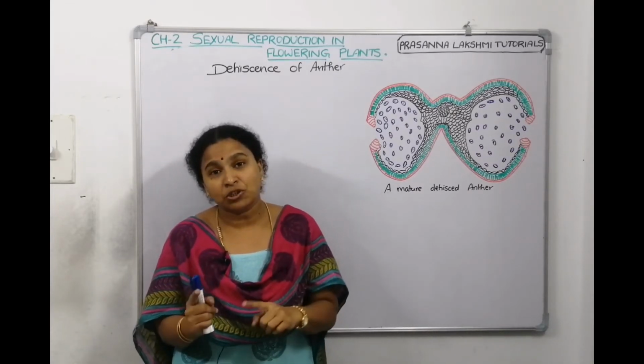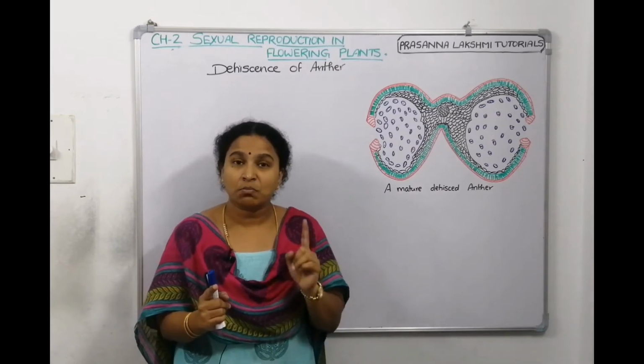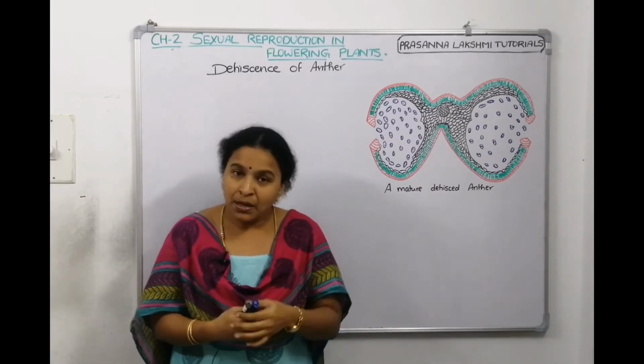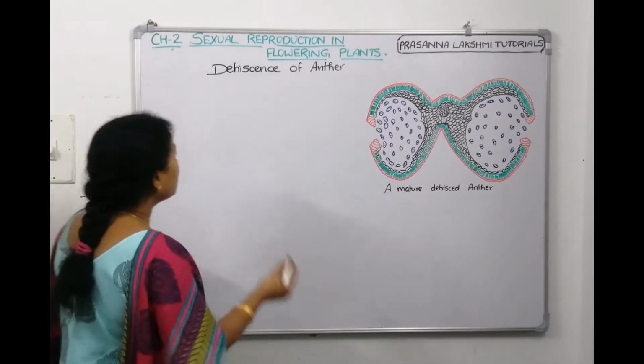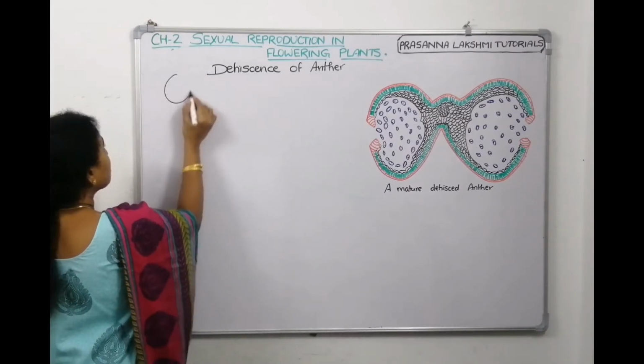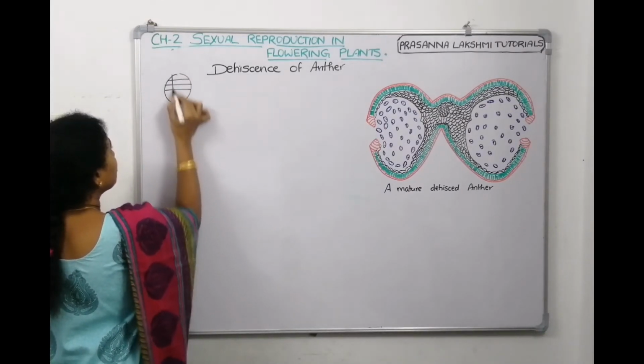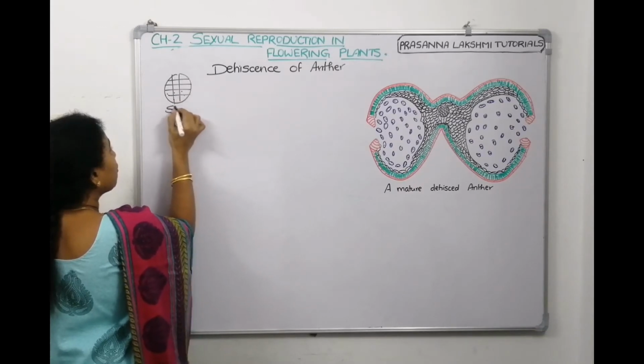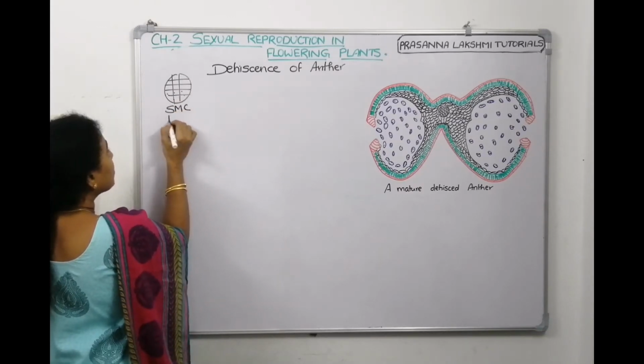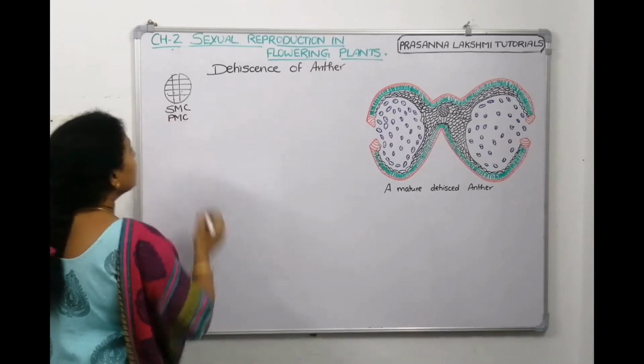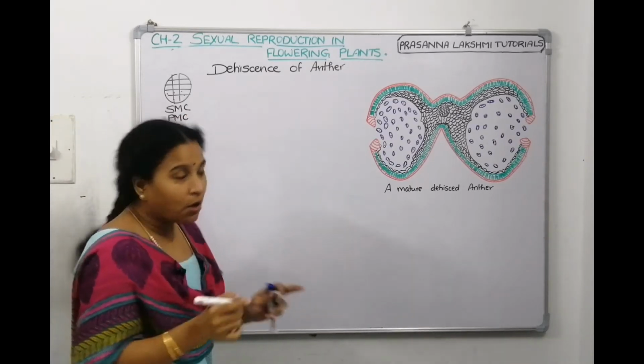When the anther matures, in the last lecture we discussed microsporogenesis. In microsporogenesis, we said that the sporogenous tissue inside a microsporangium has cells that are spore mother cells, or you can call them pollen mother cells. These pollen mother cells undergo meiotic division.